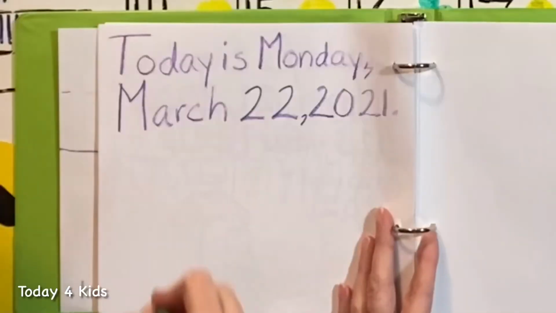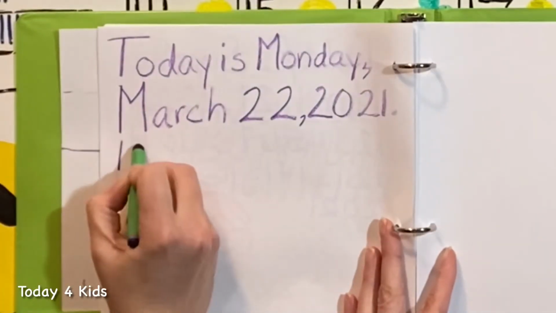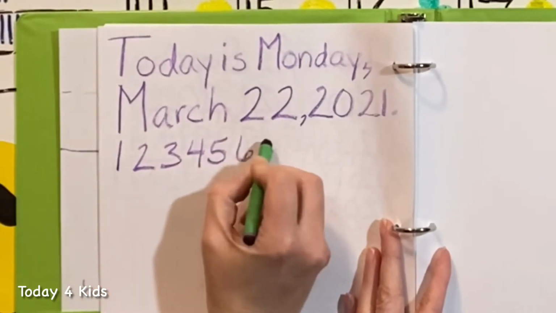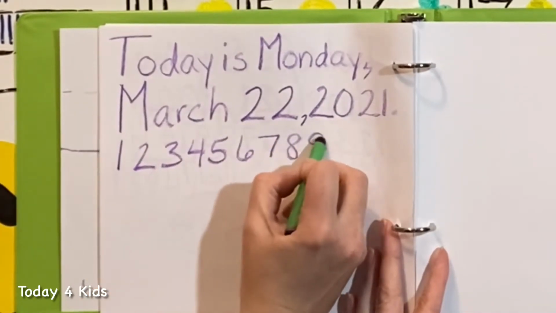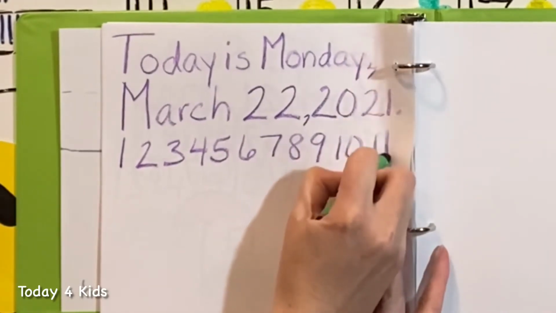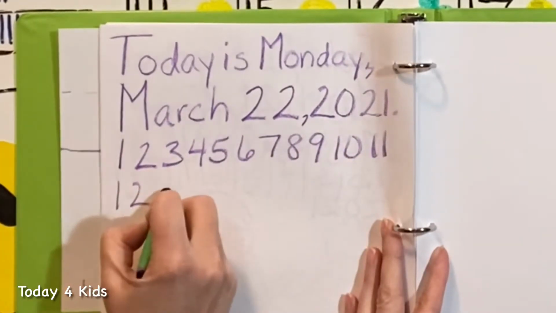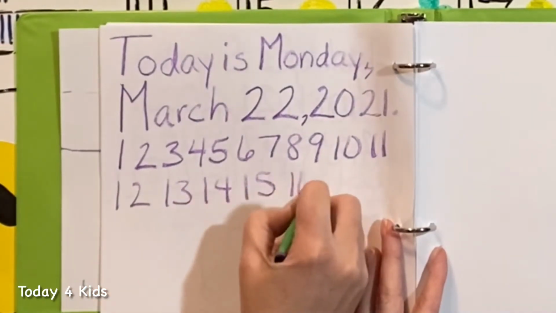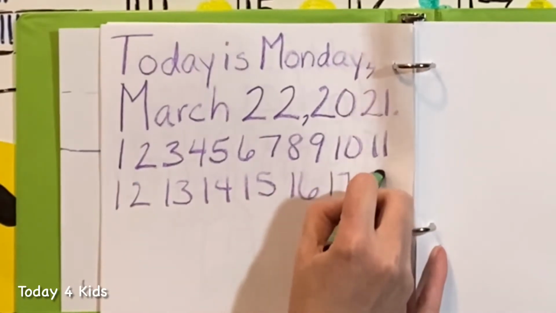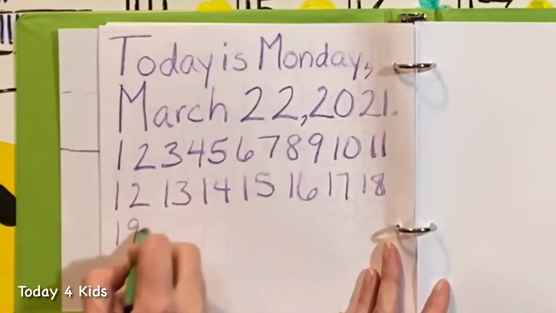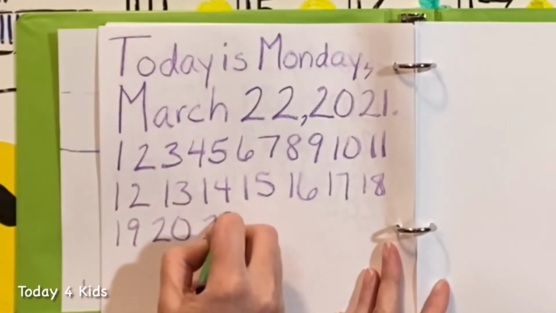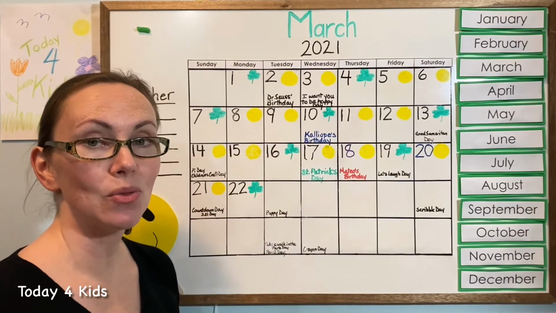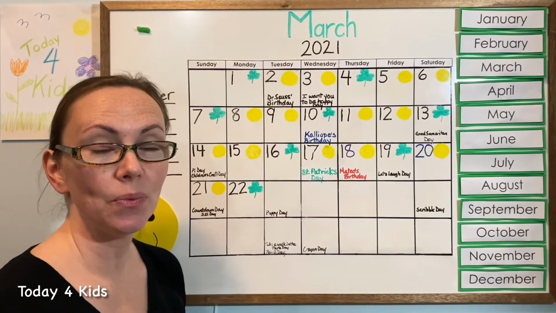Are you ready? 1, 2, 3, 4, 5, 6, 7, 8, 9, 10, 11, 12, 13, 14, 15, 16, 17, 18, 19, 20, 21, 22. Thank you for doing the sentence and the numbers with me. That was a lot of work to do. We did a great job.